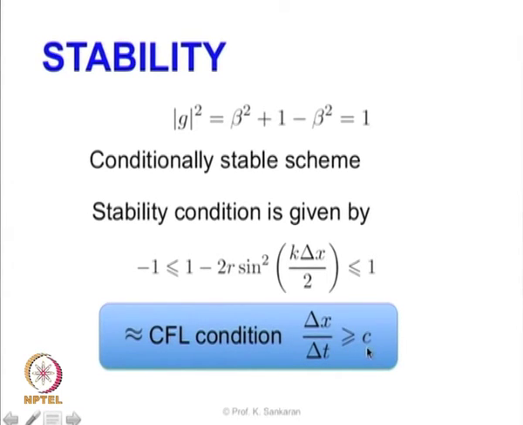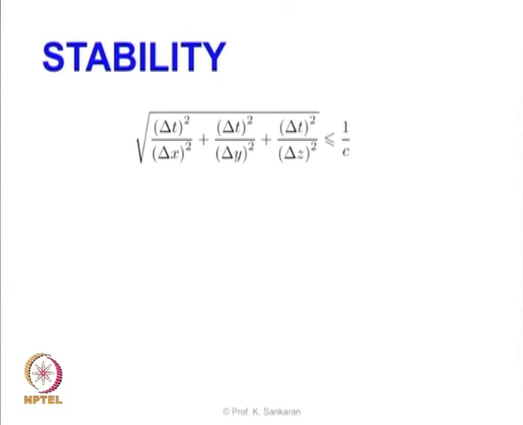In the 3-dimensional case, when we have more than one spatial discretization, you also have the components of delta y and delta z coming in.